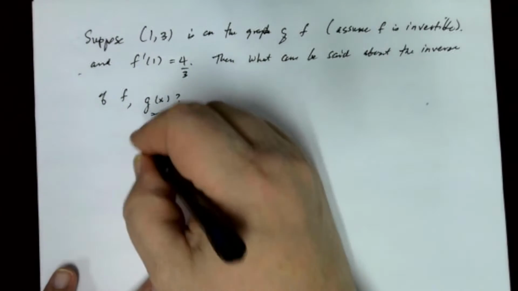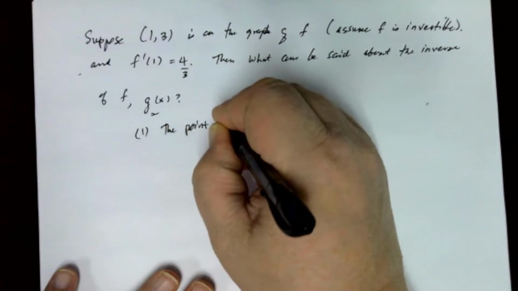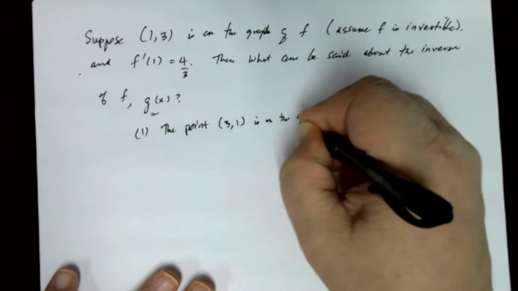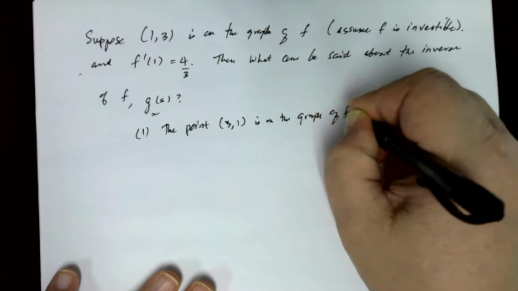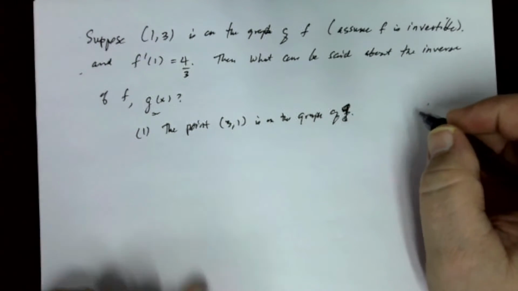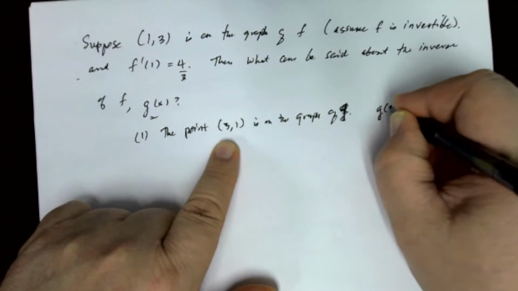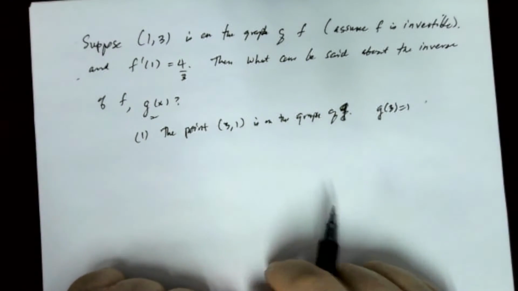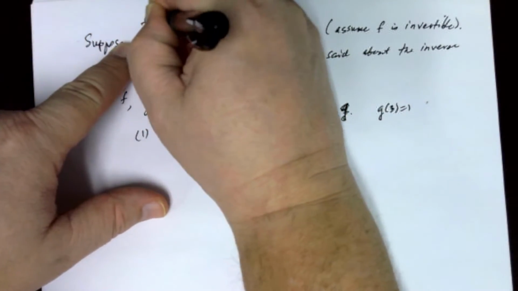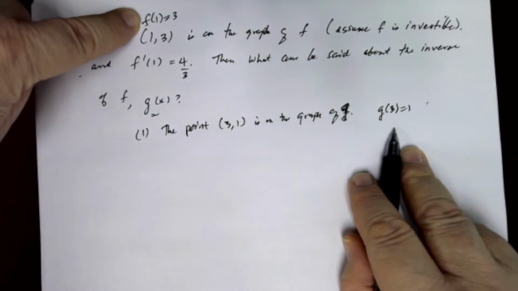Right, first, the point (3, 1) is on the graph of g. So notice what that means. That means that g of 3 is equal to 1, right? And then originally, this means that f of 1 is equal to 3, right? So they're inverses of each other.